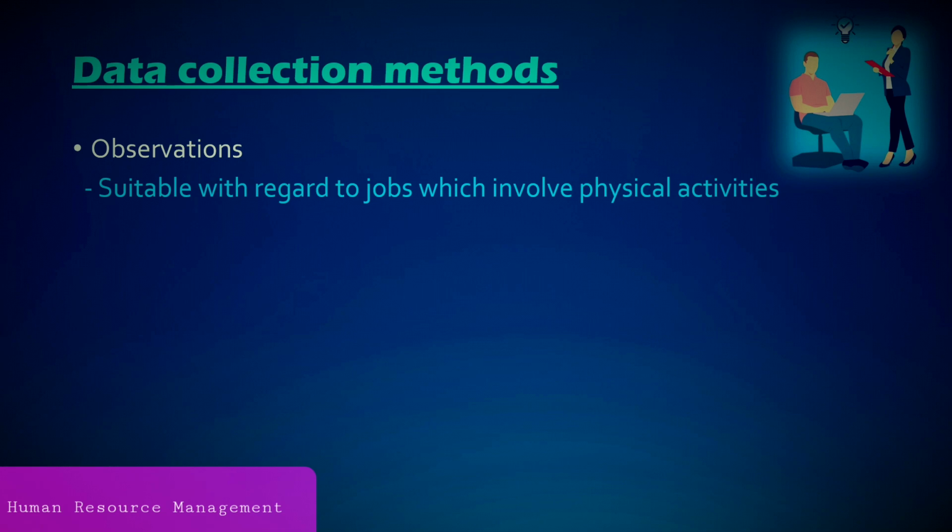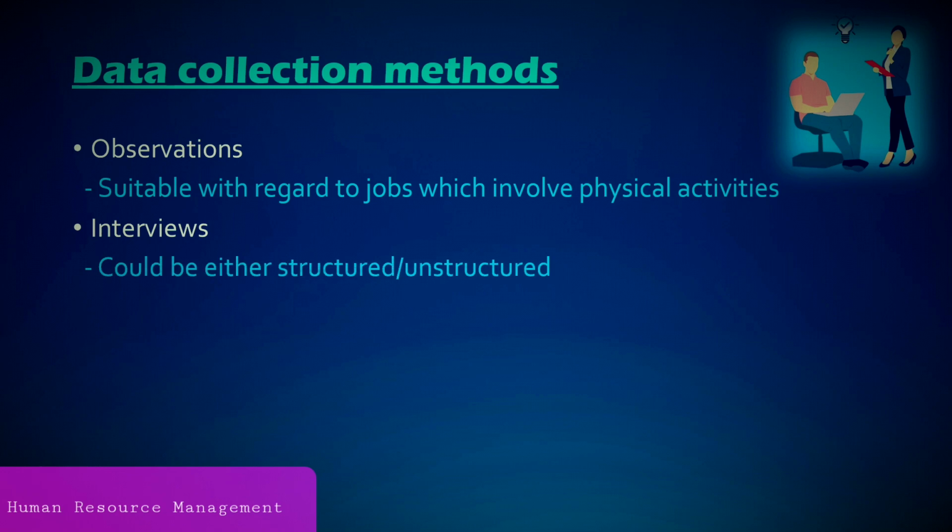Job analysis interviews could be either structured or unstructured, and they may be conducted as individual interviews, group interviews, or supervised interviews. Though interviews are a quick and simple data collection method, there are several disadvantages as well.